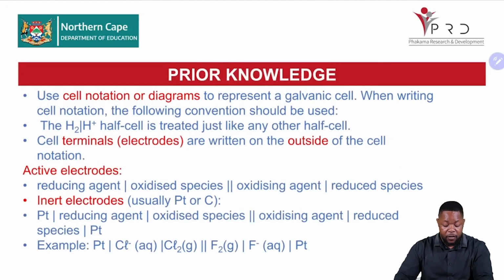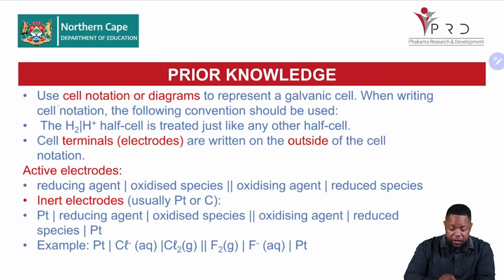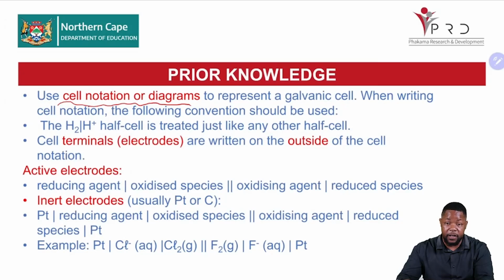The prior knowledge also includes the use of cell notation diagrams to represent a galvanic cell, as we have seen in the previous slide. When writing the cell notation, the following conventions should be used. In this case, the oxidation number of H2 is 0, and the oxidation number of H plus is +1.